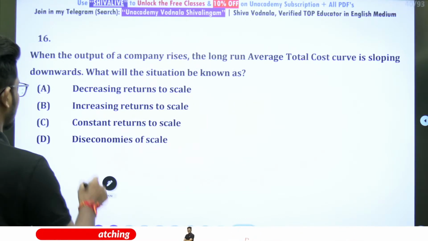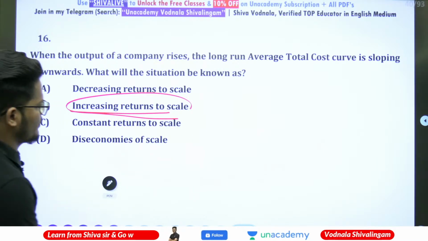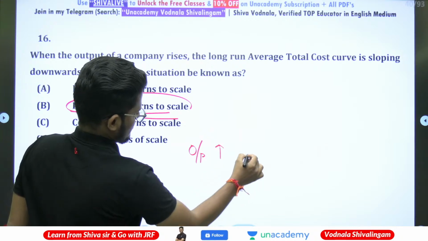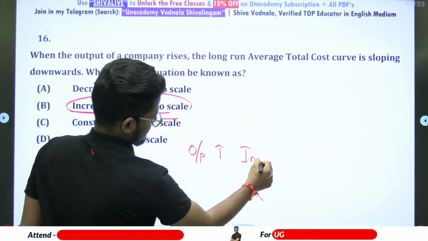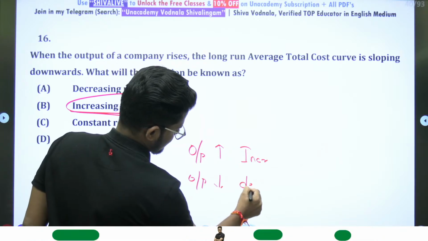Option B is the given answer, increasing returns to scale. Whenever output increases, obviously this will be increasing returns to scale. Whenever output decreases, obviously this will be decreasing returns to scale.